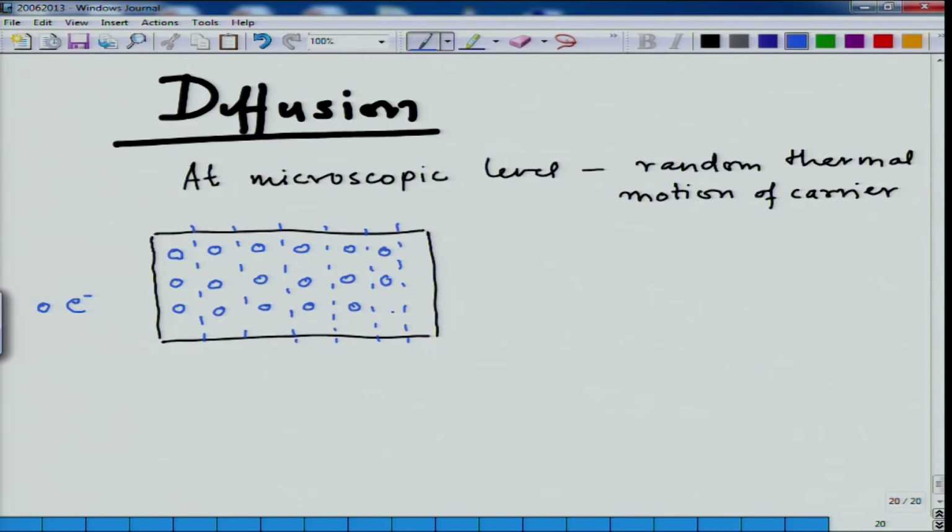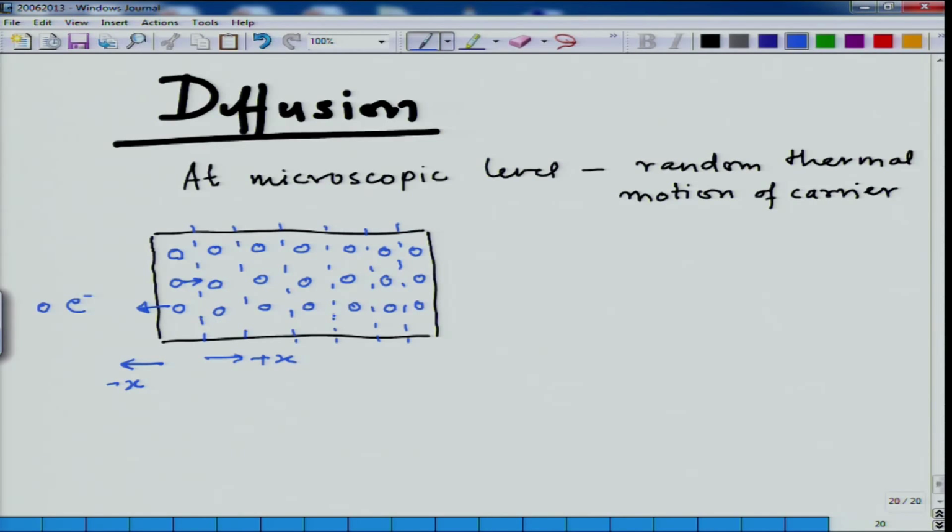And at any point, due to random motion, these particles are always moving around. At any given point, if the motion is completely random, there is half a probability that it will go in the plus x direction and half a probability that it will go in the minus x direction, which means I can represent it in this manner.